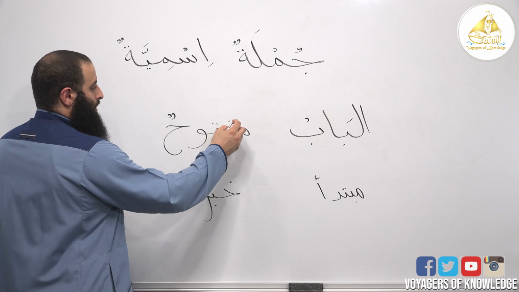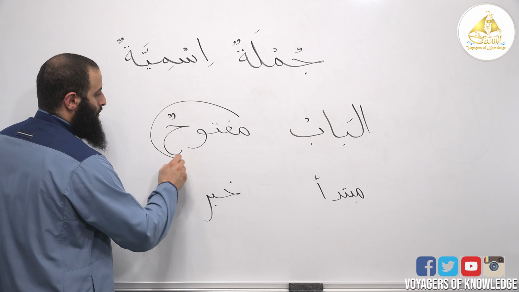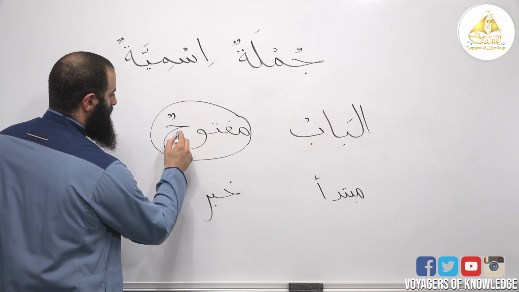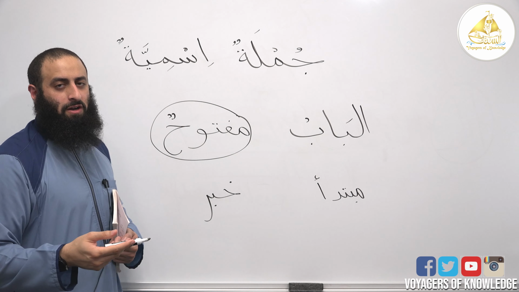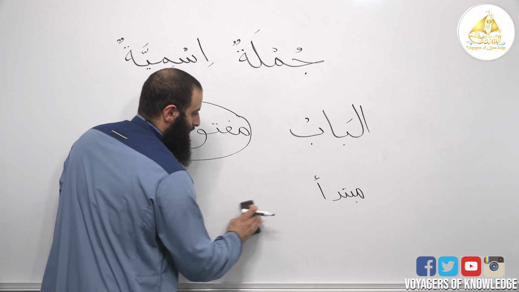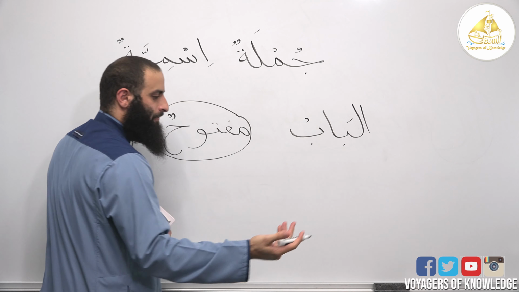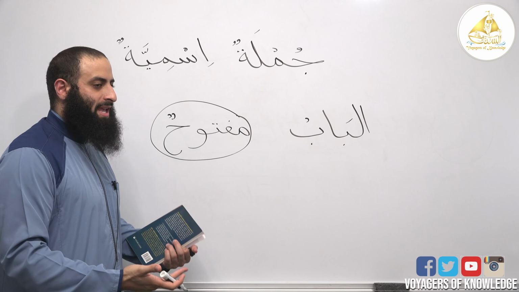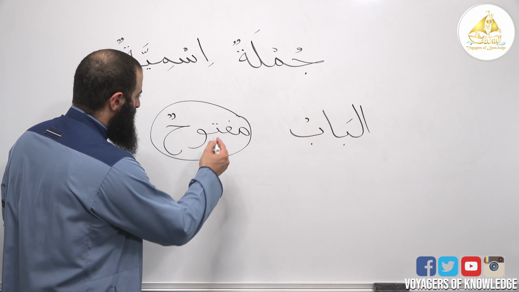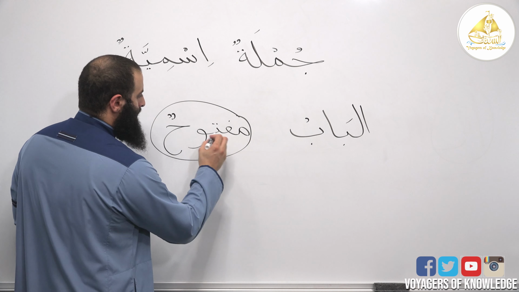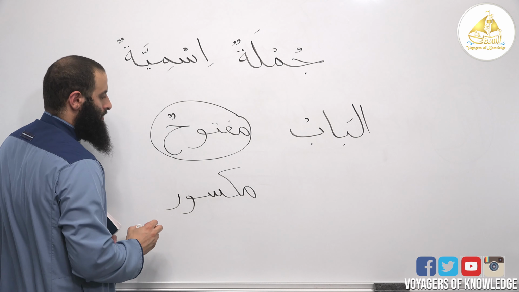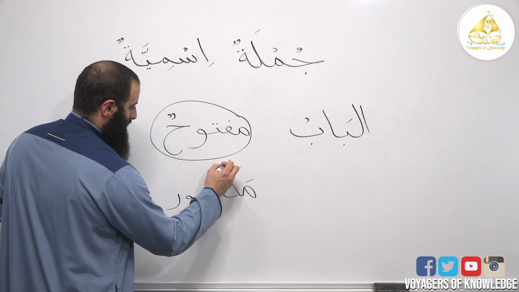Okay? What this sentence or this word is, if you notice, the first one was maksurun. Some words take on a specific form. And when they're in that form, it means something has happened to them, or it means that it is doing something. So if you get a word like this, maftuh, maksur, right? Sukun.